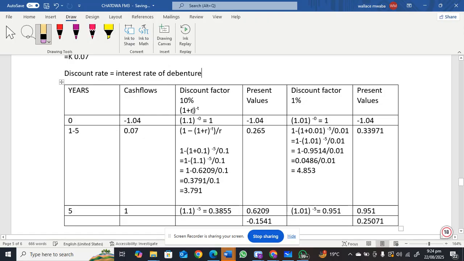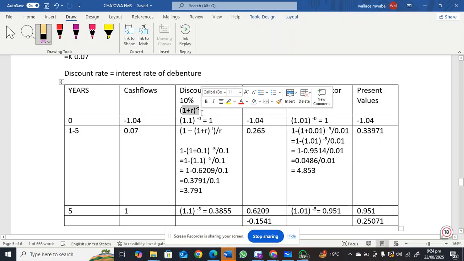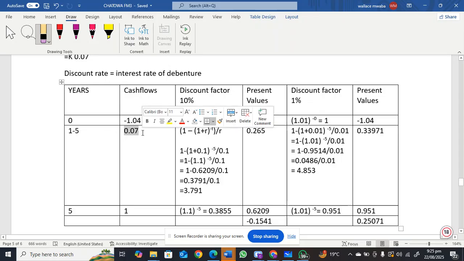So that's why here r, that 10%, we convert it to 0.1. 0.1 plus 1, that's how we get 1.1. Okay. So for year 0 and year 5, you're going to use this 1 plus r to the power negative t, because these are one-off payments. Okay. But from year 1 to 5, these interest payments represent an annuity. Equal payments over the same interval of time.